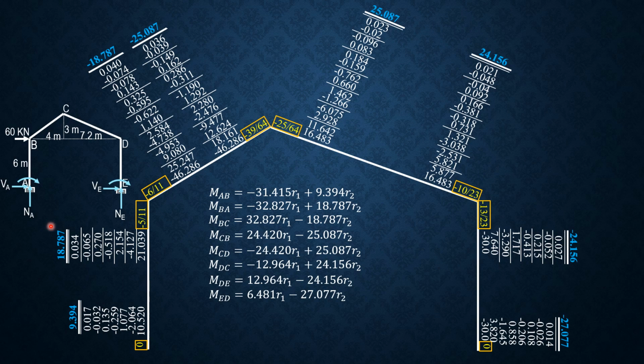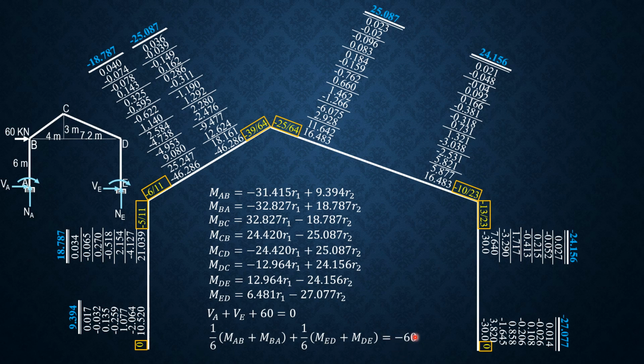So that's the equation. Since V sub E, if we consider AB as a free body, there is MBA here. So summation moment at B, V sub A times 6 equals moment AB plus moment BA. Therefore, V sub A is 1/6 of the quantity moment AB plus moment BA, plus 1/6 of the quantity moment ED plus moment DE, equals negative 60.